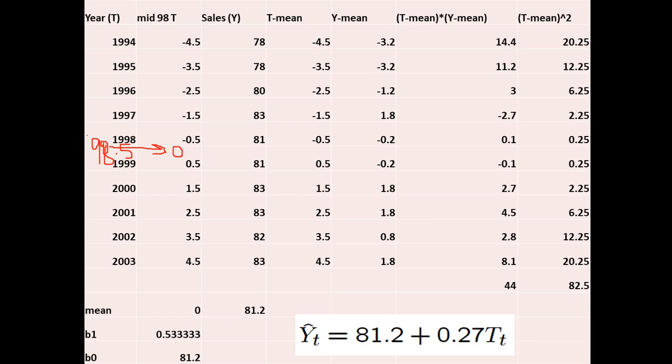So we will subtract 0.5 from it to find 1998, and we will add 0.5 to find the year in front of 1999. Okay, it's an important point. Forgive me for forgetting this point.